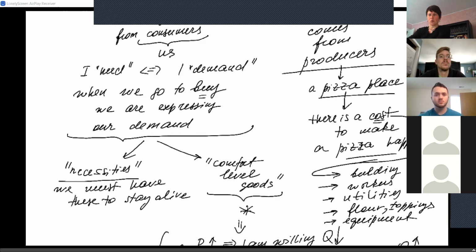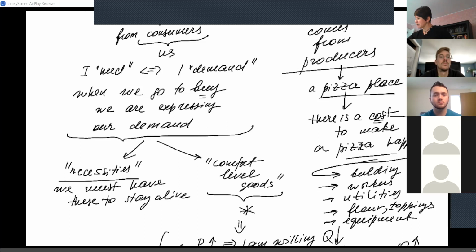Probably there is some training required for workers. Then you have to pay to make sure there is heat, electricity, and water. Then you have to buy flour and the rest of the toppings. Look how much money you have to put up front before you see even the first pizza coming out, right? That's what all adds up to the cost of production.